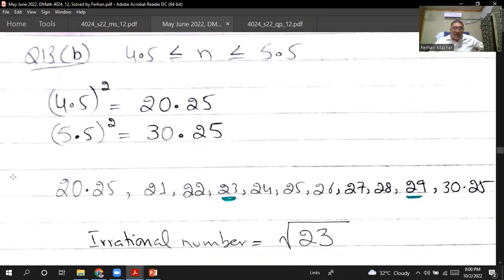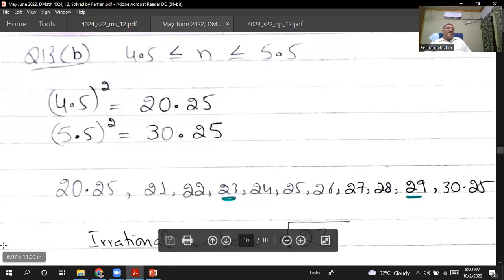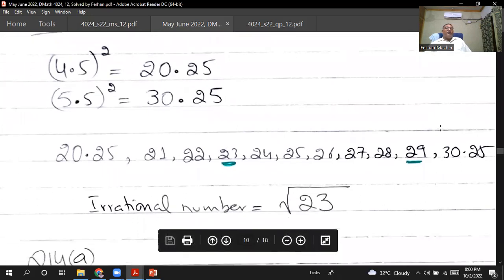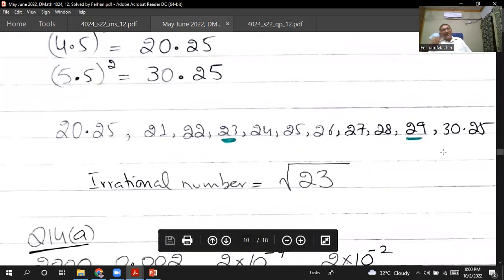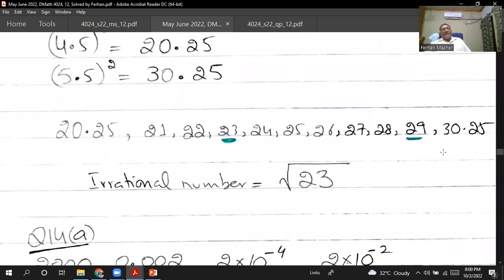Those numbers are 21, 22, 23, 24, 25, 26, 27, 28, 29, 30. Because I want to write an irrational number, from these numbers I will select a prime number and just take its square root. That will be an irrational number. So from this list, for example, 23 is a prime number, 29 is a prime number. So I will take, let's say, 23 and I will take its square root.